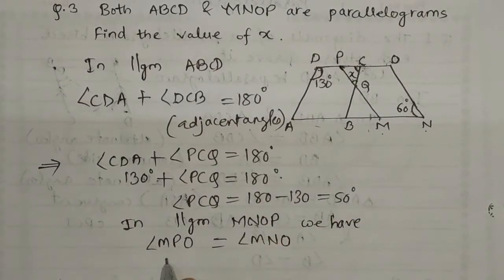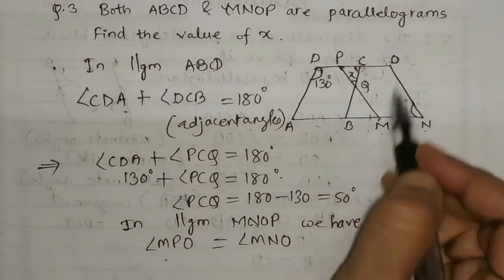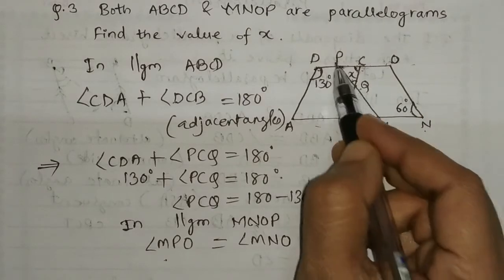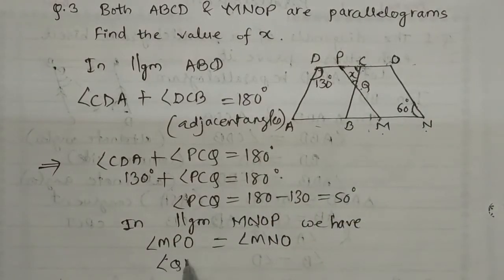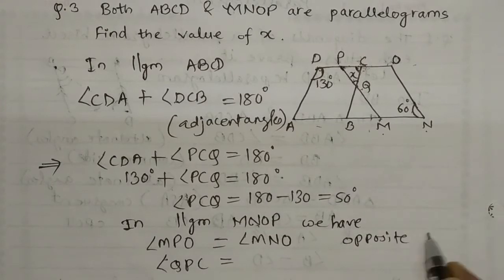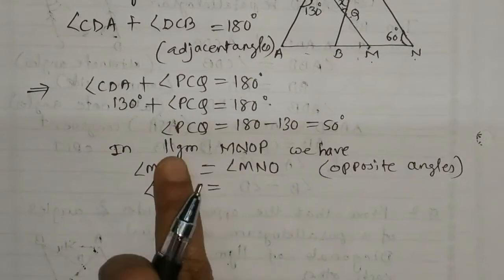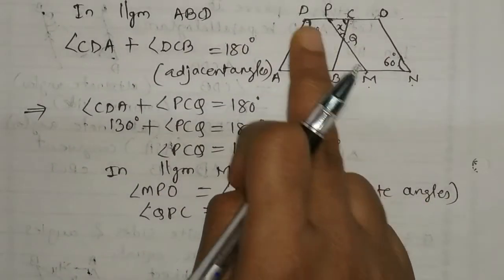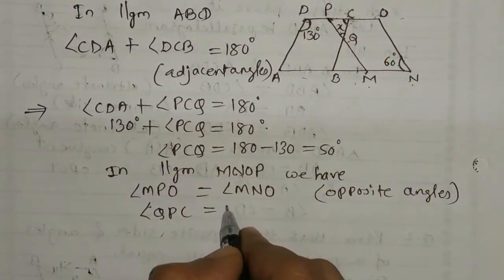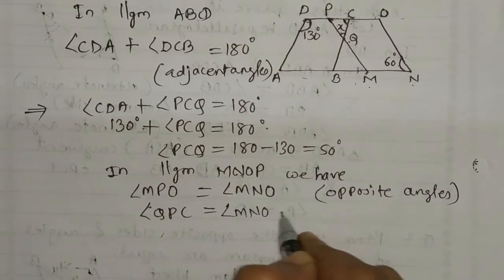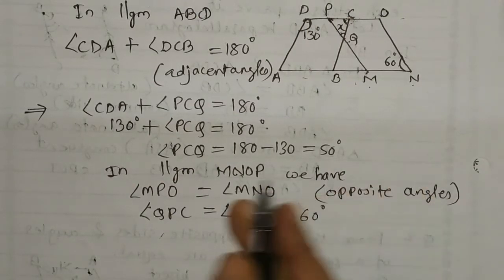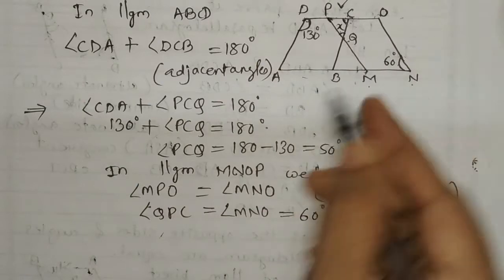So instead of writing MPO, I am going to write QPC, which is equal to it. Here you can write opposite angles. Now I am replacing this MPO with QPC, which is equal to angle MNO, and it is given that it is 60 degrees.